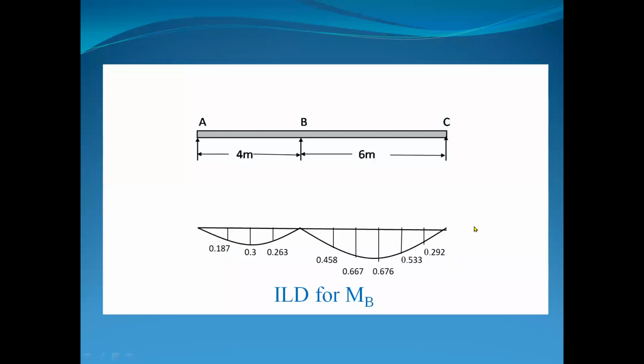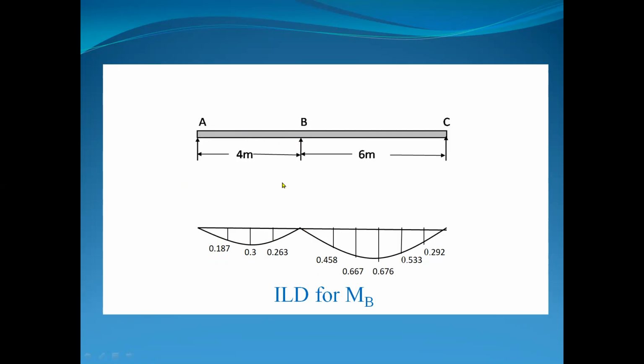From this diagram we can say that to have the maximum value of bending moment at B, we have to apply the load on the span AC, complete load from A to C. If there is a UDL for portion A to C, then that UDL multiplied by this area will give you the bending moment at B. And we can say that there is always negative bending moment at B if the load is downward.